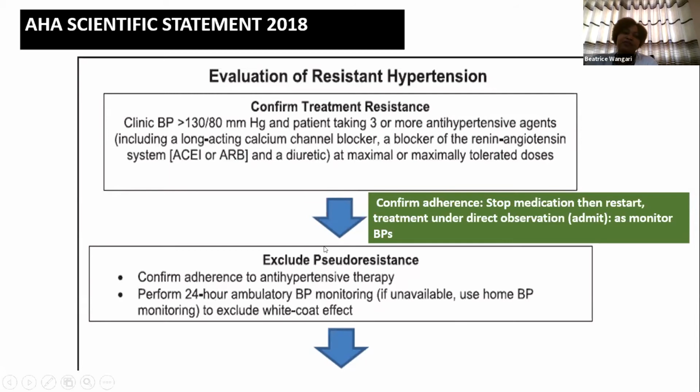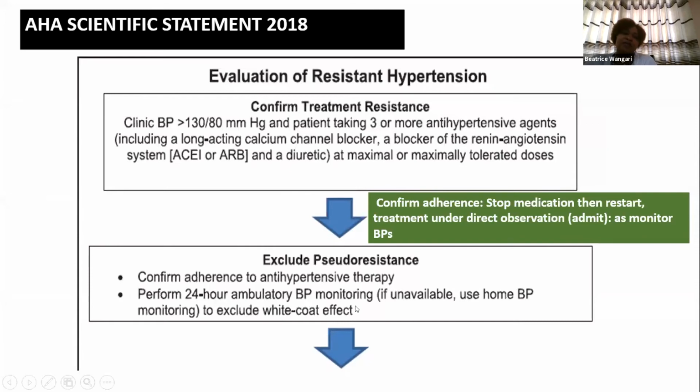Now, the next step, of course, again, ensure that this is actually true resistant hypertension by ruling out the causes of pseudo-resistance. And one of the ways you can confirm adherence is, in some of these patients, stop the medication and restart and see if the blood pressures actually respond. The other way you can try to confirm adherence in practice is to give these medications under direct observation as you monitor the blood pressures.